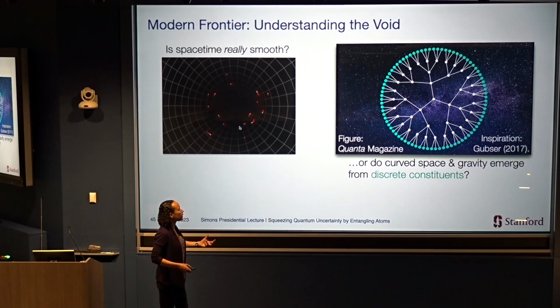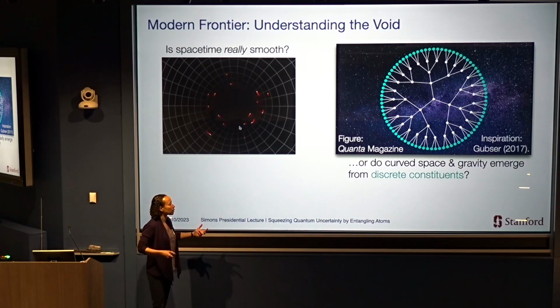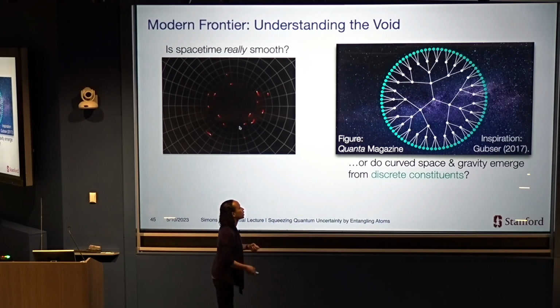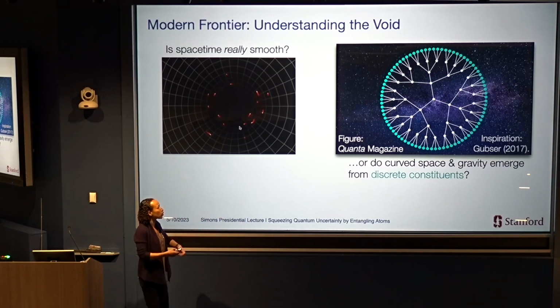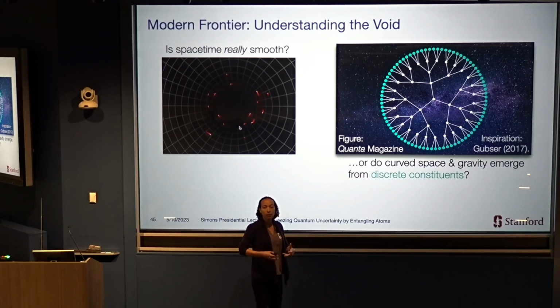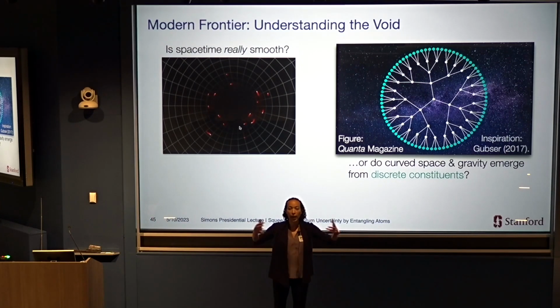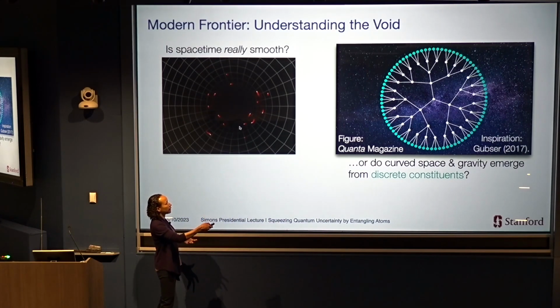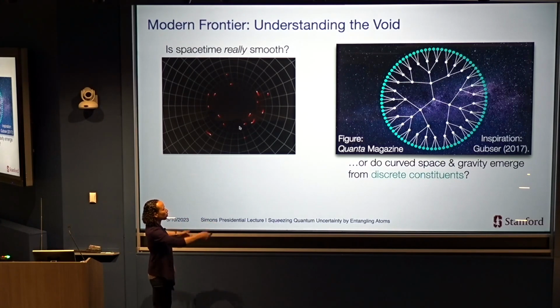And so this is kind of a discretized version of a hyperbolic space. And perhaps the question is, are there situations where having a certain structure of entanglement among quantum degrees of freedom gives rise to some kind of effective description in terms of curved space, in this case with one additional dimension, that's the radial dimension here.